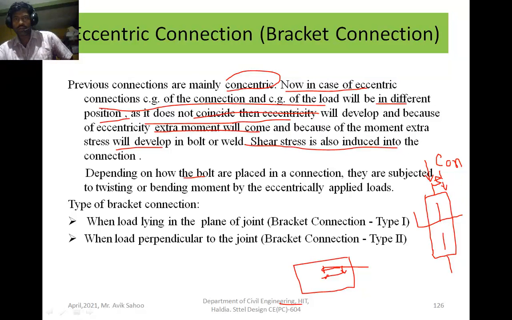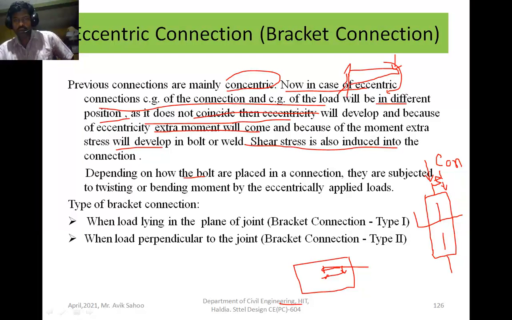So I draw a bracket connection, a simple bracket connection in an RC member, a cantilever beam. If the load is applied, this is a support point, so this load is transferred to the support as well as the moment is also transferred to the support, okay.